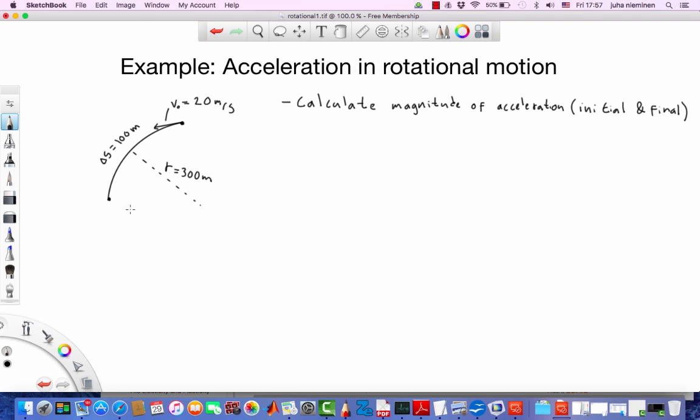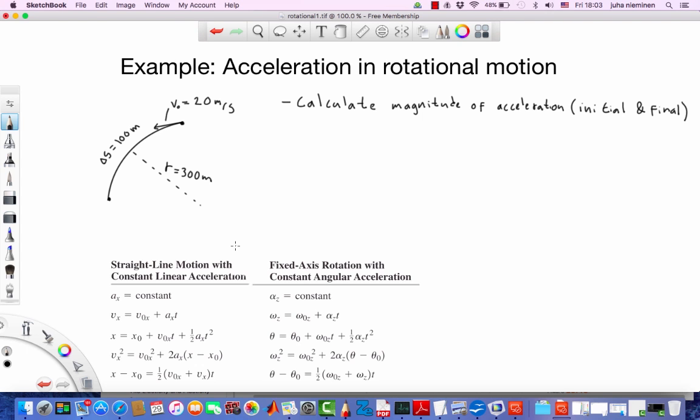So in that case, we can resort to our cheat sheet, and here it is. So what are we after? For the total acceleration, we need two components. We need the radial and tangential acceleration.